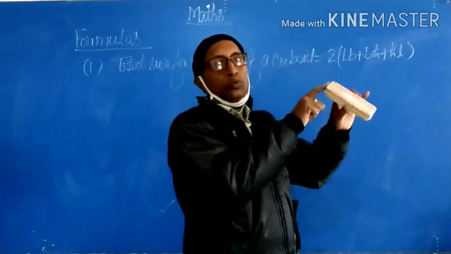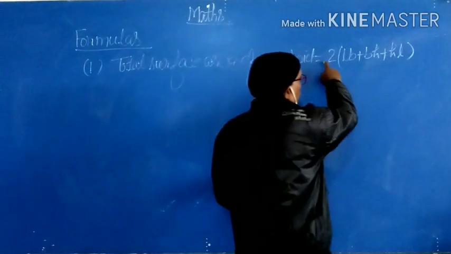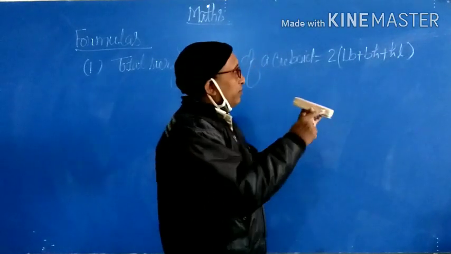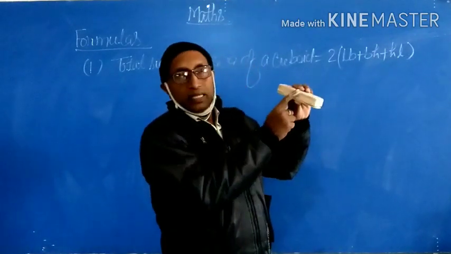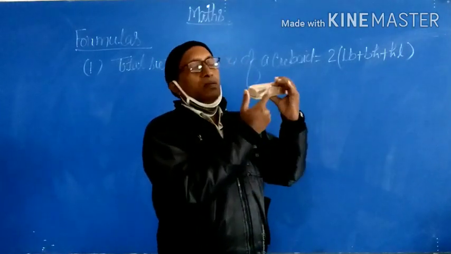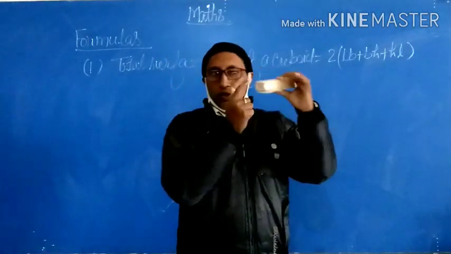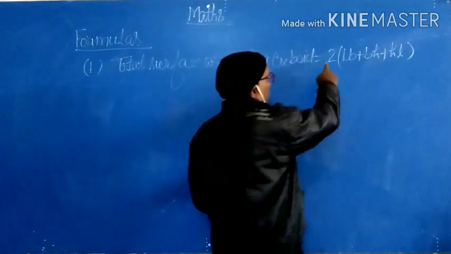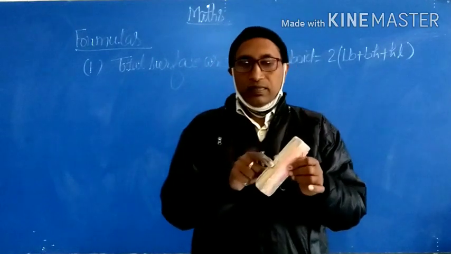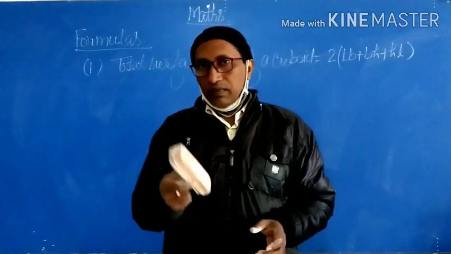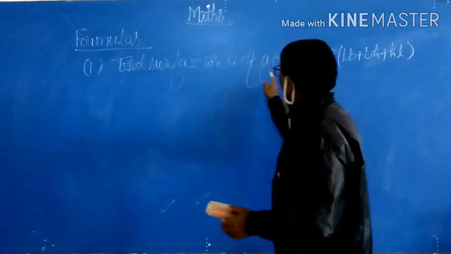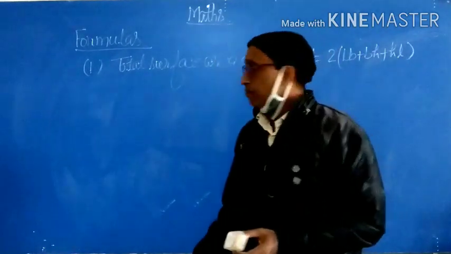This is also 2 faces, therefore 2BH. And the area of this side is HL, meaning L into H. This is also similar for two faces, therefore 2HL. When you add all these areas of this cuboidal shape, you get the total surface area of the cuboid.